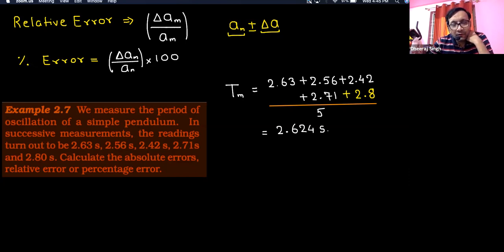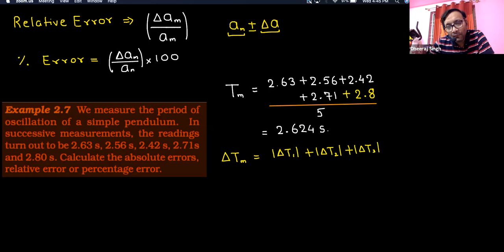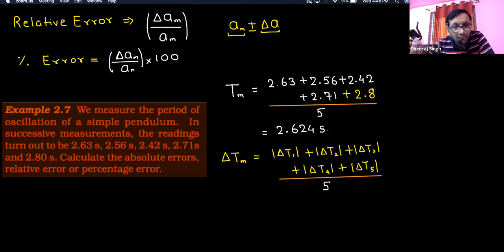So what is the error now? Delta T mean. Error. Anybody got error? No one?